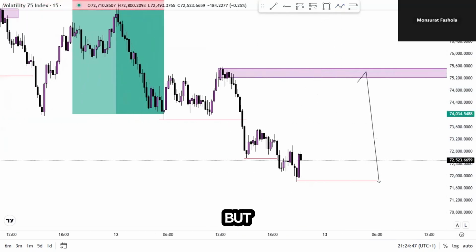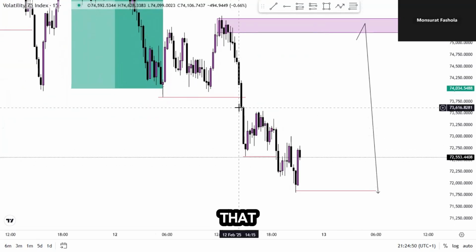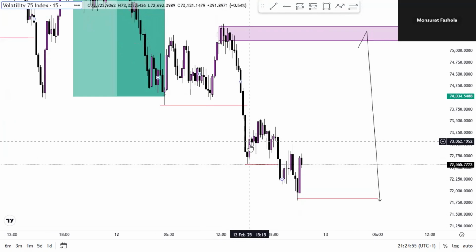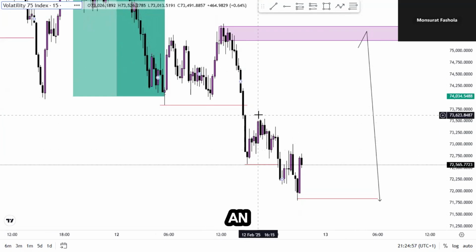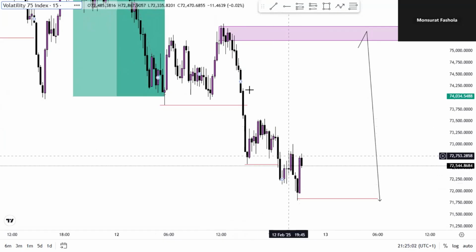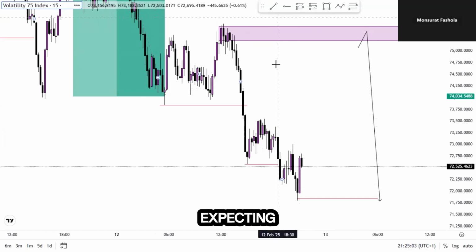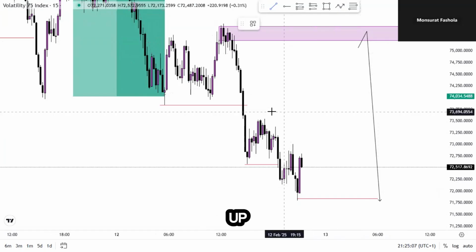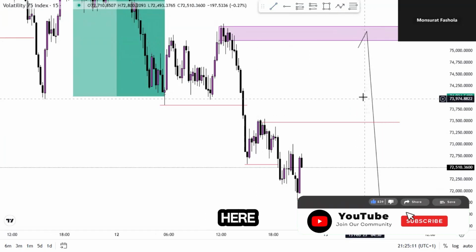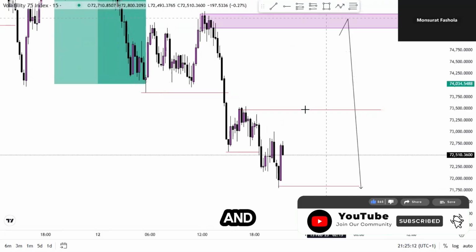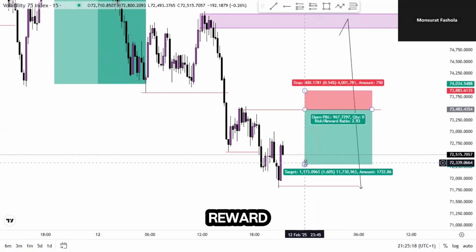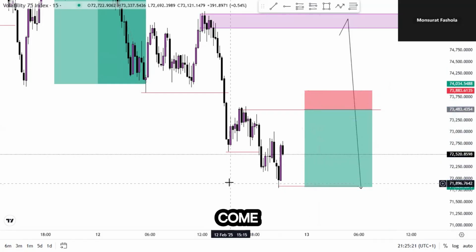But then I later saw that there was a break of structure here, because this is a push phase and this is an exhaustion here. Now the exhaustion has been broken by price. So I'm expecting that instead of price coming up here, the market should come down to this level, to set our risk to reward, waiting for price to come back here.